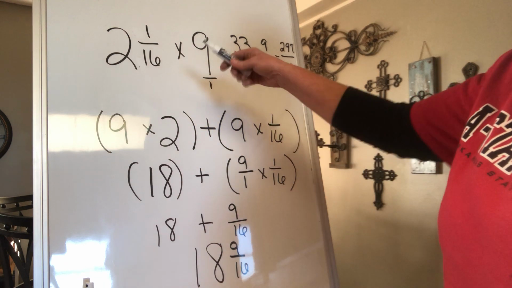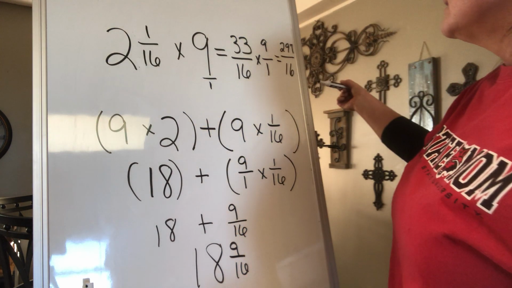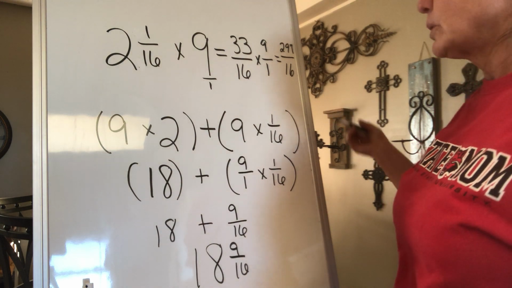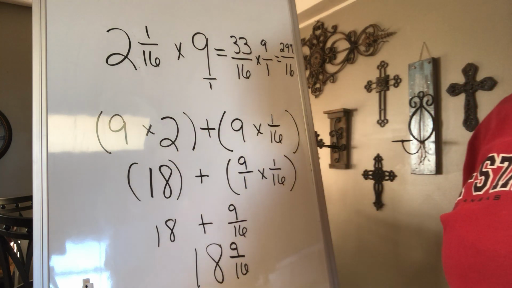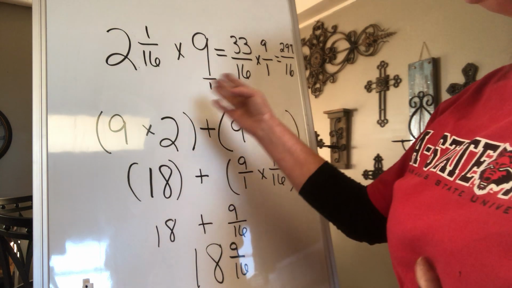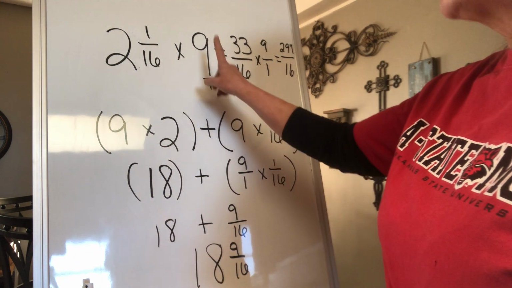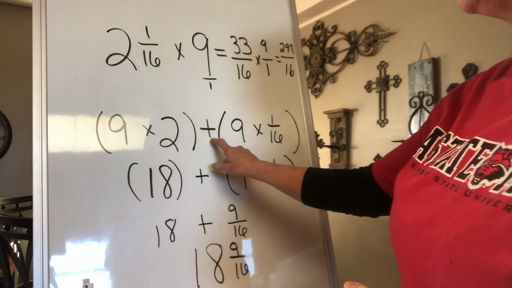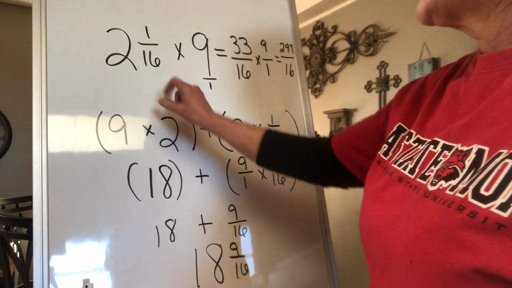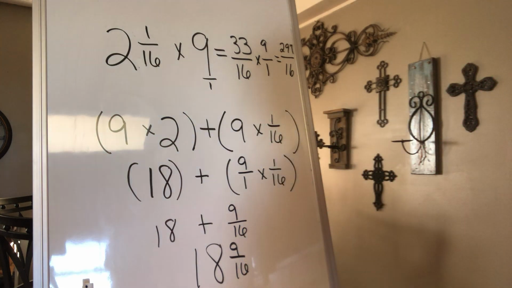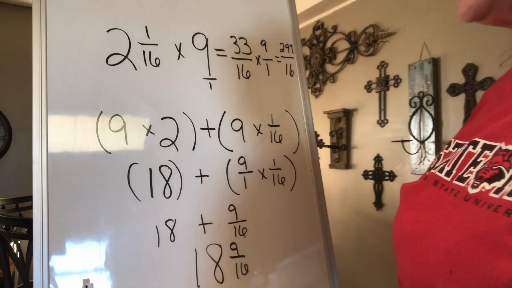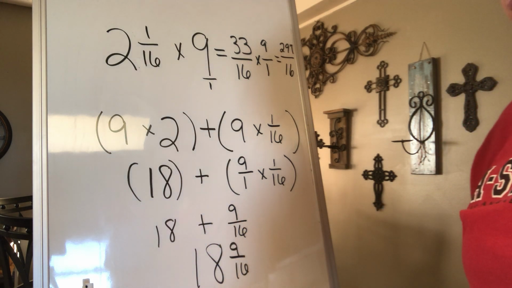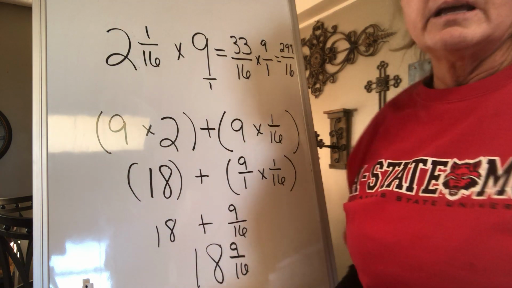So whether you want to work it out this way and turn your improper into a mixed number, or if you want to look at it as distributive property, how it's laid out. 9 was being multiplied times 2, and, keyword, and 9 was being multiplied times 1/16. So then you would see what comes out of each set of parentheses, add them together, and you would get 18 and 9/16.